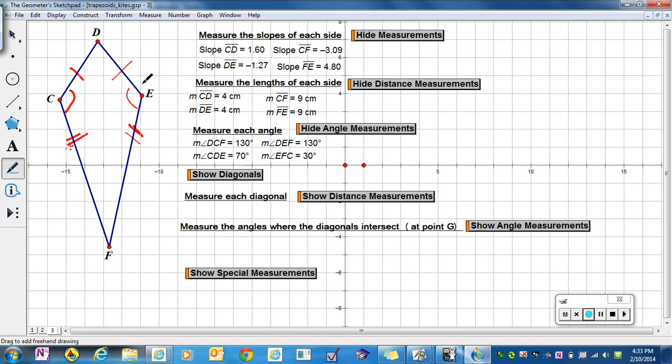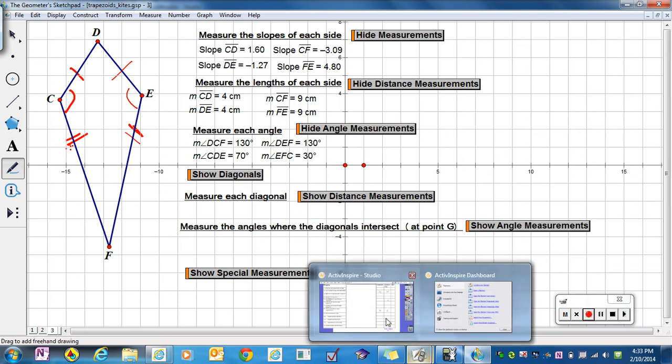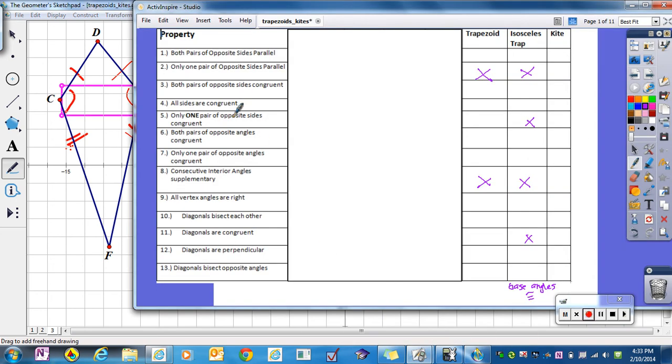DE is not congruent to EF, and DC is not congruent to CF. So at C and at E is where my angles are congruent. So in a kite, I have only one pair of opposite angles congruent, which is choice number 7. So a kite has number 7.